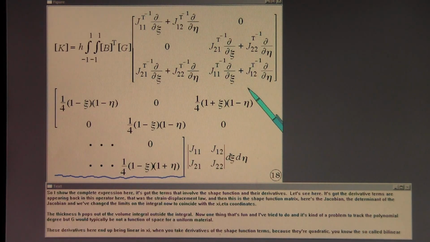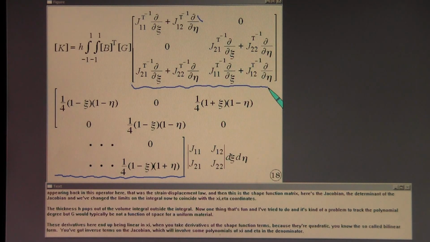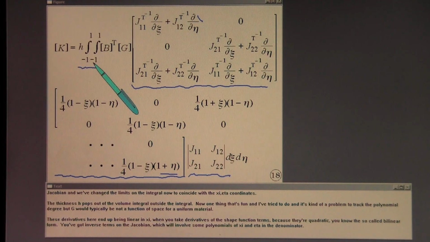The derivative terms are appearing back in this operator here that was the strain displacement law. And then this is the shape function matrix. Here's the Jacobian, the determinant Jacobian, and we've changed the limits on the integral now to coincide with the xi eta coordinates. The thickness h pops out of the volume integral outside the integral.